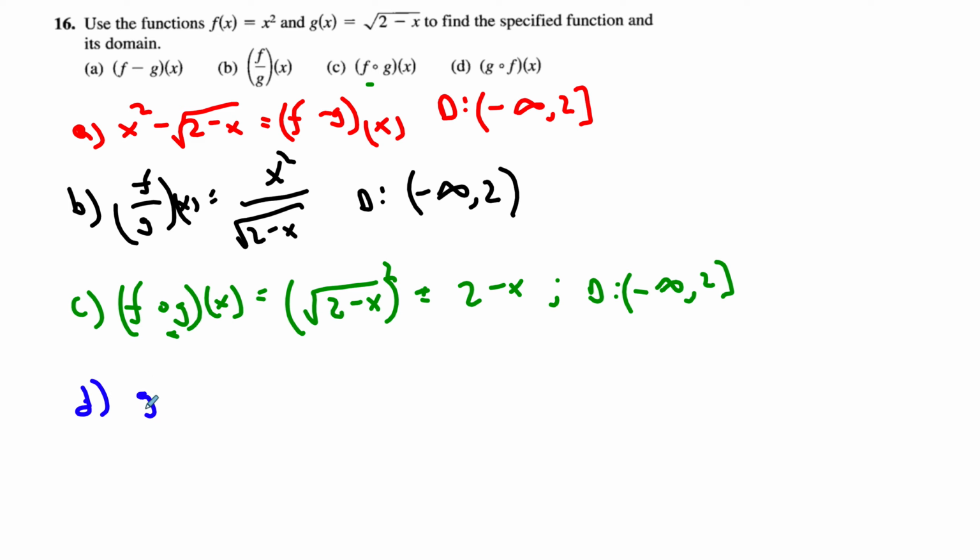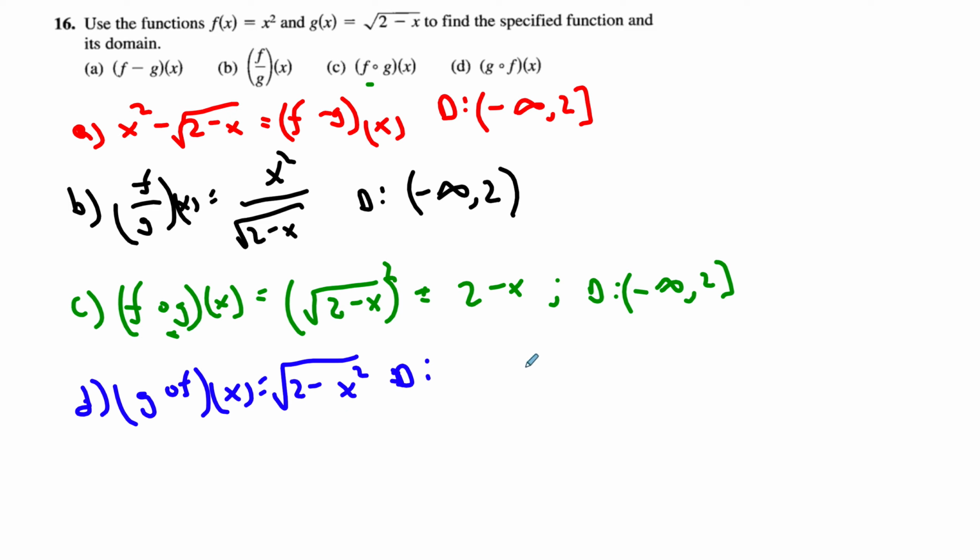D, g composed with f of x is, well, then we take x squared, and then we take the square root of that. So what is the issue there? So we don't have any restriction on the domain of x from this, except now the overall function has a restriction. So actually we can just go straight to domain because there's nothing we can do to simplify this. 2 minus x squared, let's think about this.